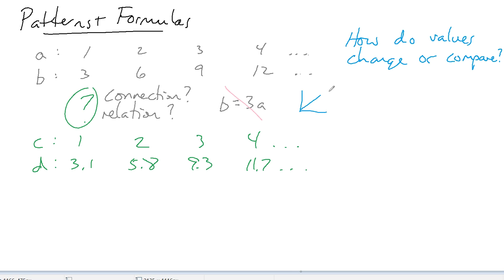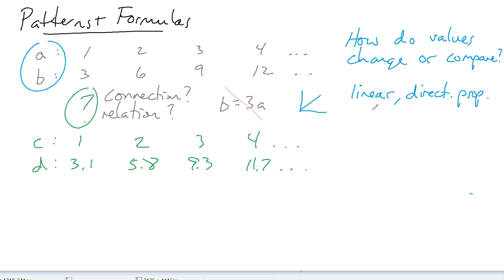That tells me the relationship between the A and B values is linear, or you might say directly proportional, which tells me as one goes up by the same amount, the other one is going to go up by the same amount.